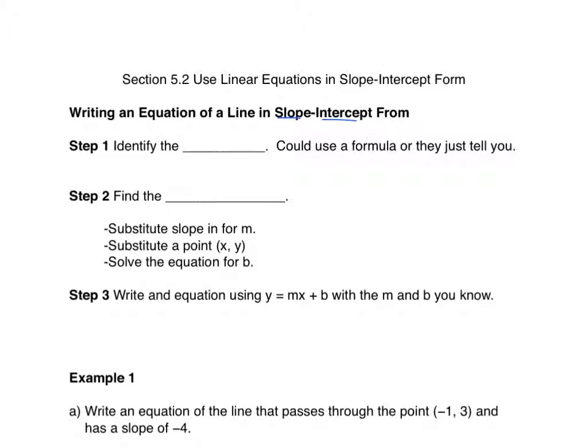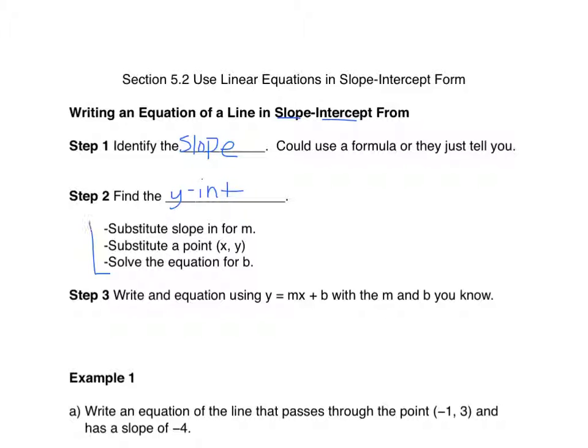So the first thing we can do is identify the slope. And it says it could use a formula, or they might just say m equals whatever. Next, what we have to do is find the y-intercept, and like I said, in this lesson it will not just give it to us like it did in the last lesson.